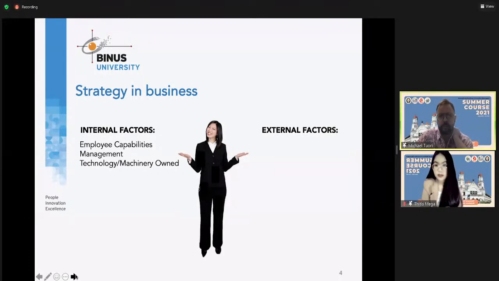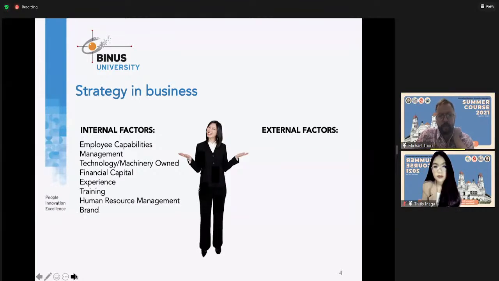It's going to affect our strategy. How much money we have to spend, our experience, training, just like a team, how we manage human resources, our brand, whether we have a very well-known brand or unknown brand, is going to affect our strategy, marketing, culture, morale. So these are all things that we can control and we can make decisions about.